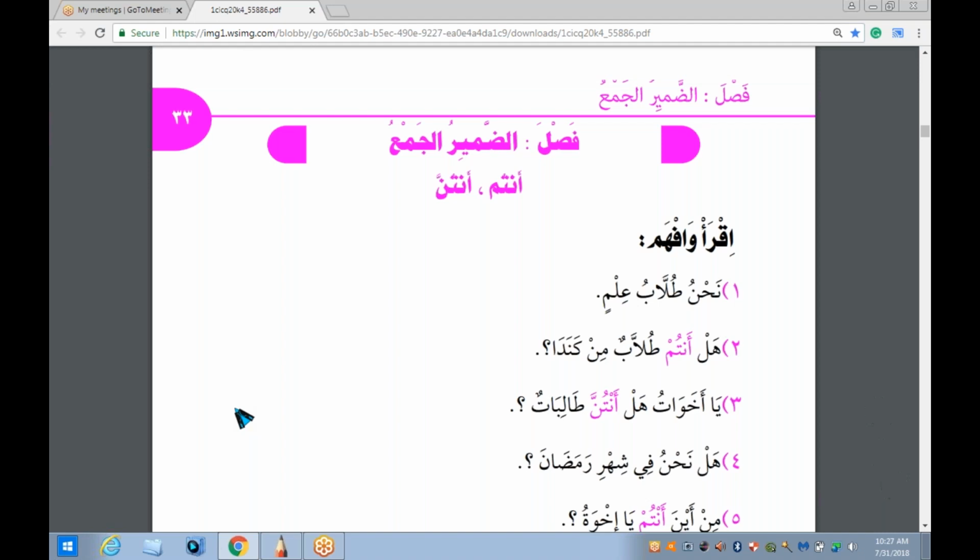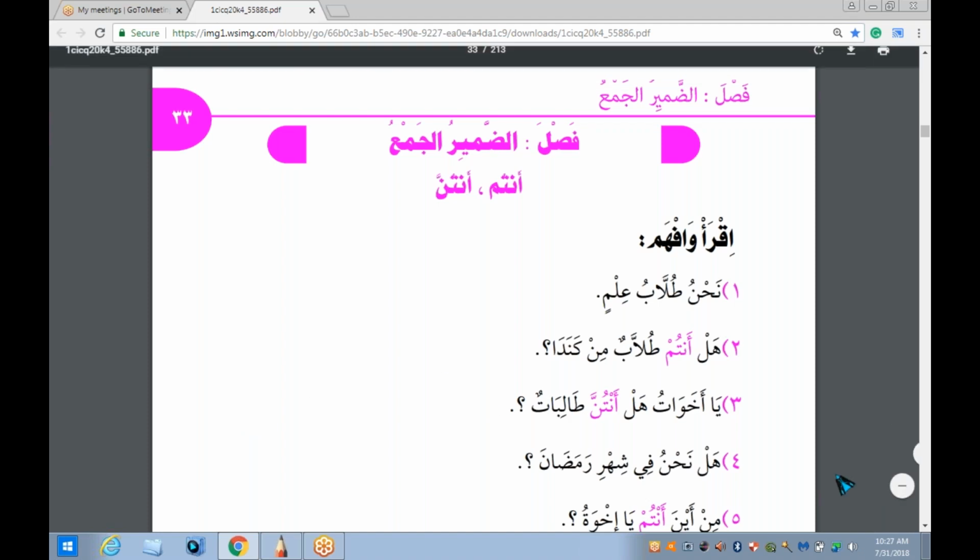Iqra wafham. Meaning, based on the fact that you understand that antum, antunna, they mean you, and it's masculine and feminine, and it's plural. We're going to read these sentences and try to grasp that which we can.